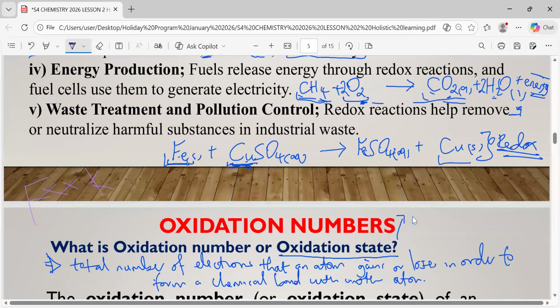I used hypothetical charge. Hypothetical charge of an atom, if all its bonds to other atoms are fully ionic.